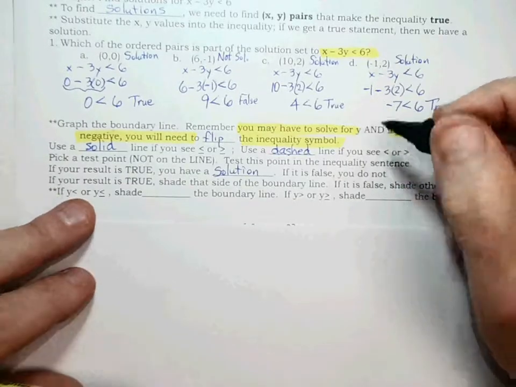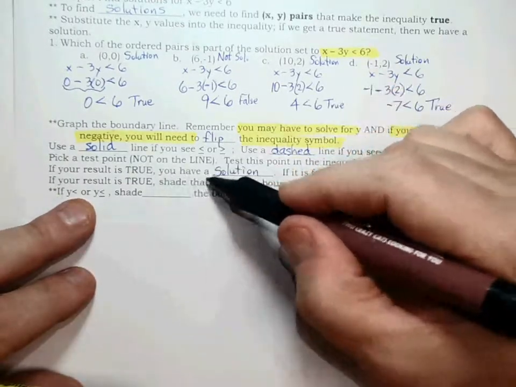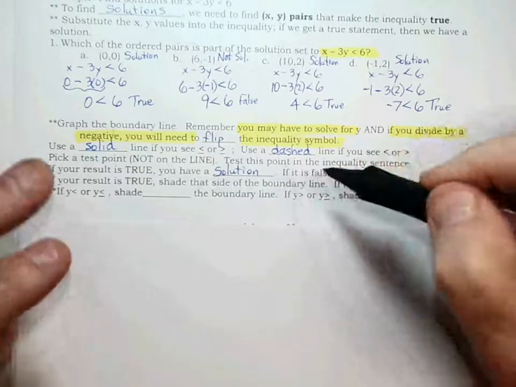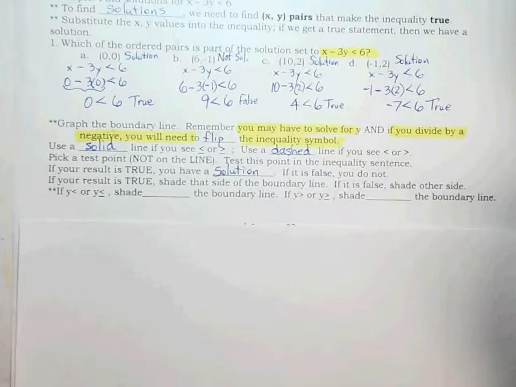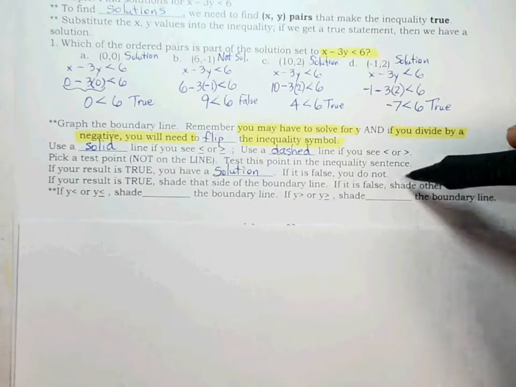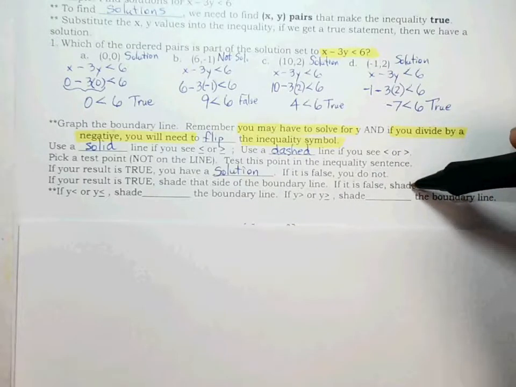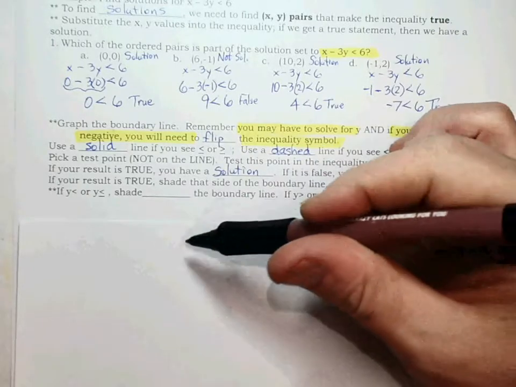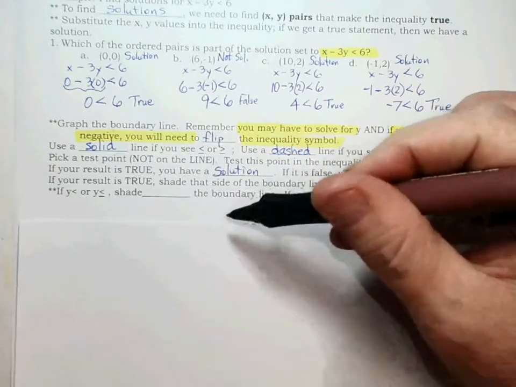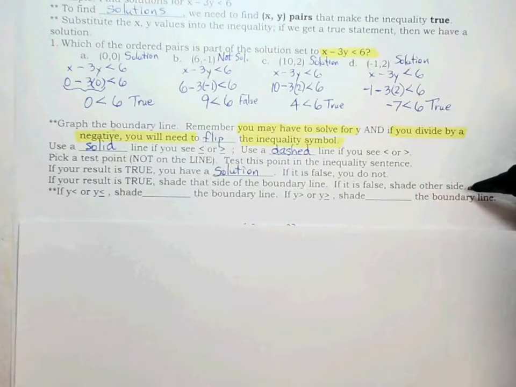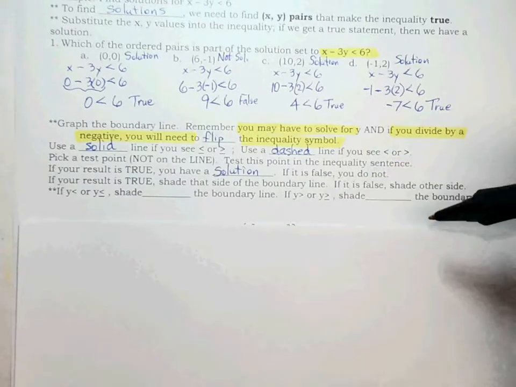So if your result is true, you're going to shade that side of the boundary line. You're going to be shading half of your grid. It's called a half plane if you're curious. If it is false, your test point fails, you hop the line, you go to the other side of the line and you shade the other side. It's either one or the other.